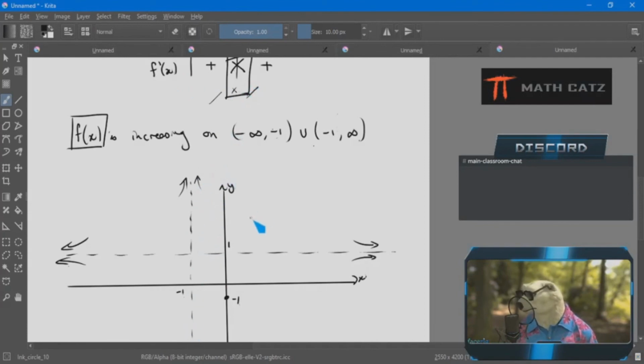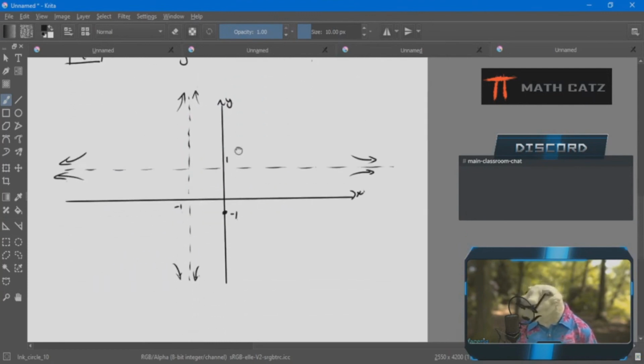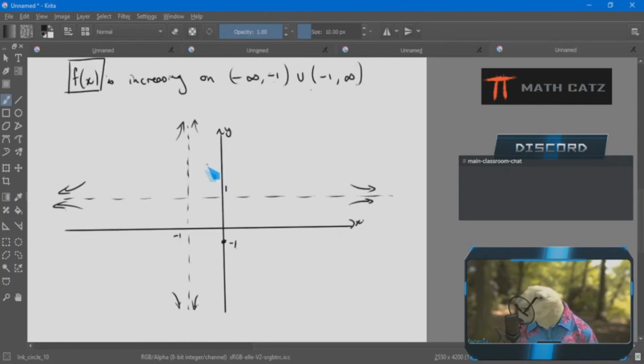Now it says I'm increasing everywhere else. Everywhere there's a graph, I'm going up. I'm going uphill. Now look at this. If I take this bottom arrow as my choice, I'm going to go downhill. And that is not happening. So the only way for me to go uphill always is to come to the horizontal asymptote on the left from above.